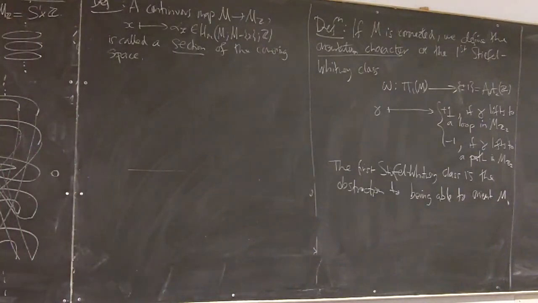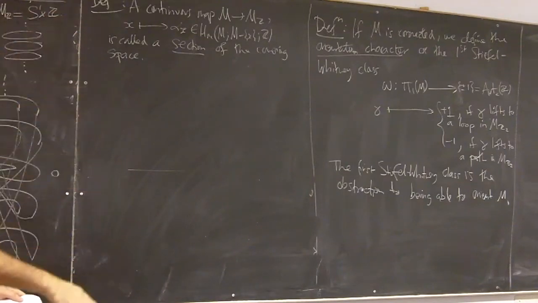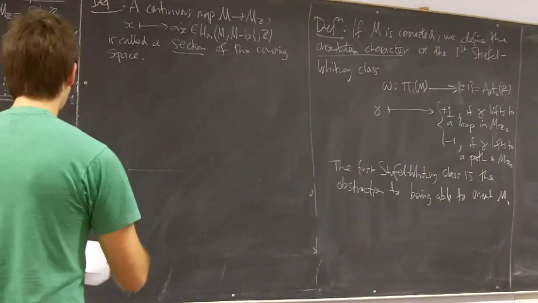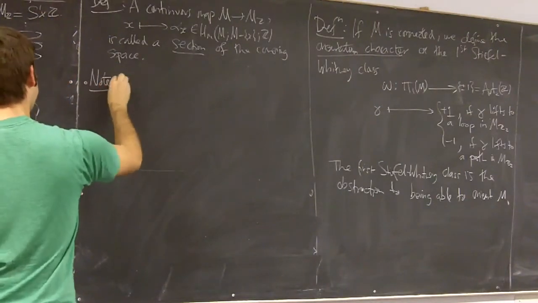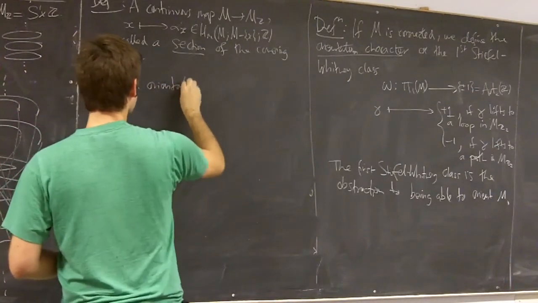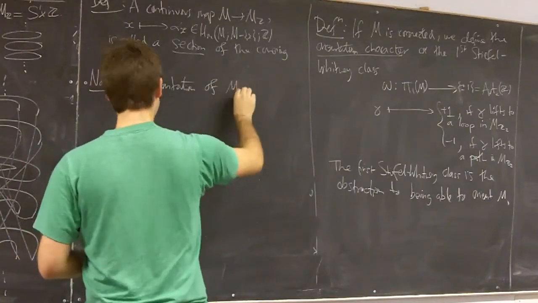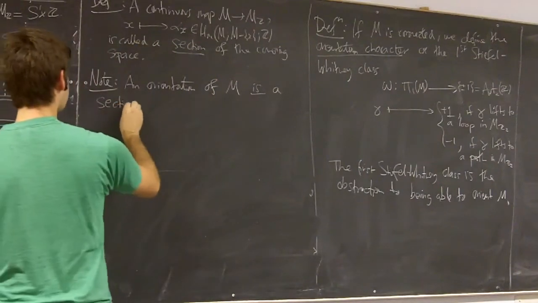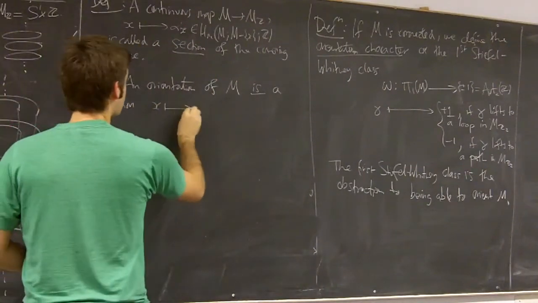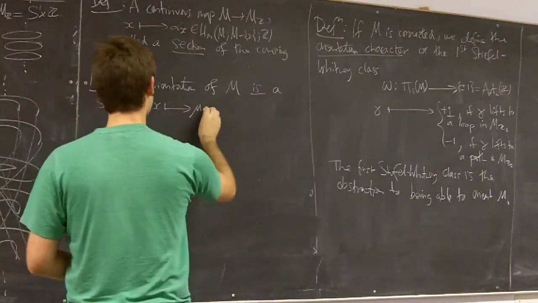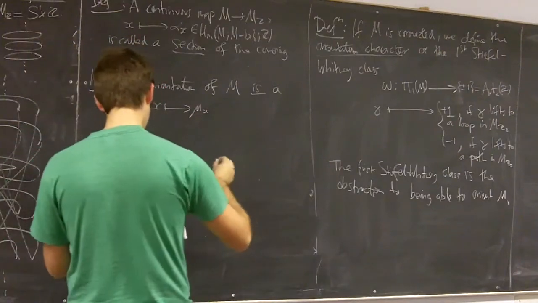So we've got some continuous map from the base space up to the covering space, which it then projects back down to give the identity. This is a section, and then we note that an orientation of M is the same thing as a section where we map to a generator over each point. Not just any old class, it has to be a generator.